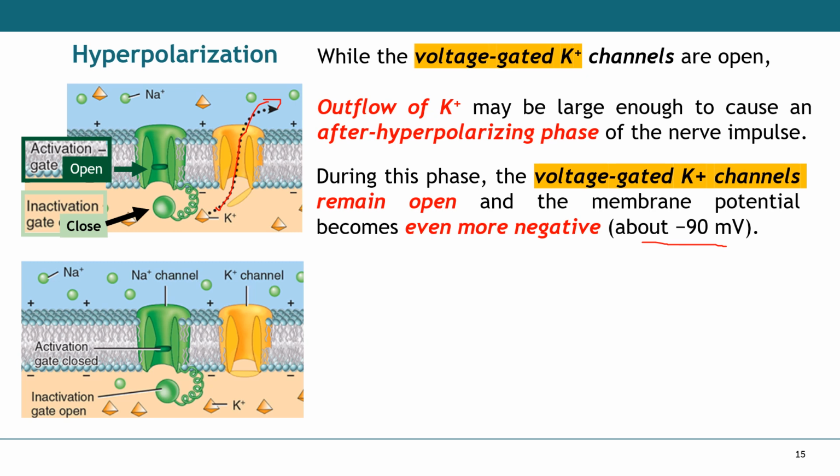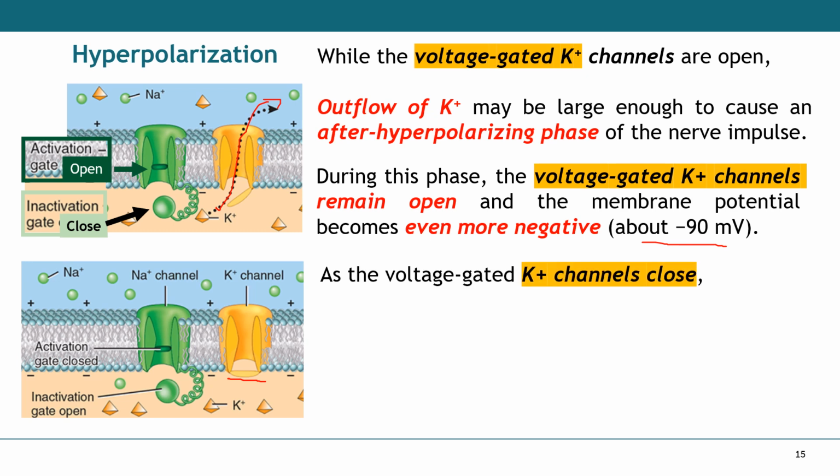So what you do, you need to close it here, and remember this channel is not like the sodium channel that has an activation gate and an inactivation gate. This one has open and close, so it's a binary channel.